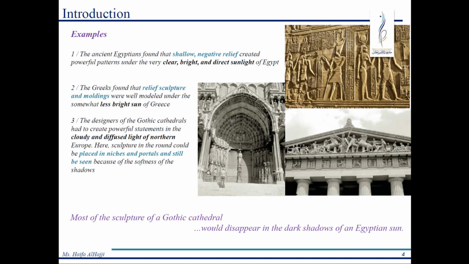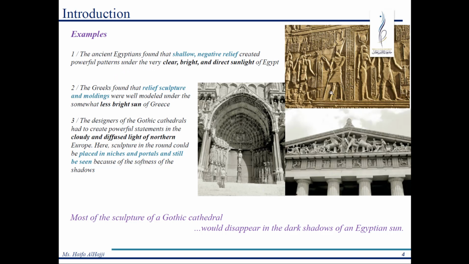Let's have a couple of examples of how the ancient Greeks and ancient Egyptians used lighting techniques in their architectural design. Now let's have a look first at pyramid engravings. As we can see, these are examples of pyramid engravings done by the ancient Egyptians.